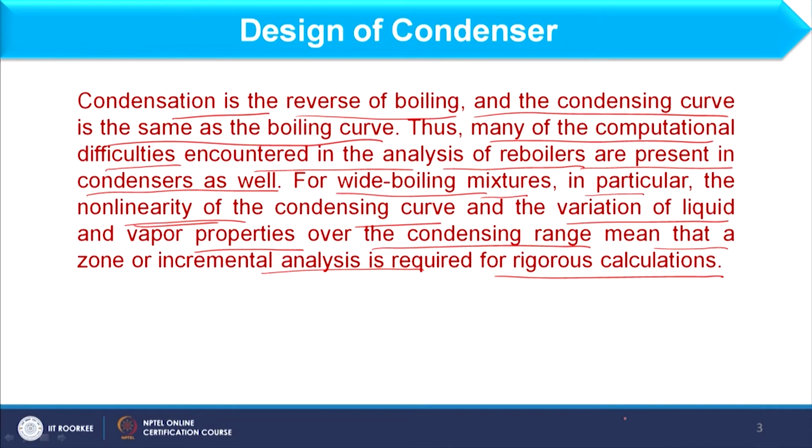So, you see here we have considered the reboiler and condenser just opposite to each other, and what difficulty we can obtain, because it is not an easy phenomenon and some rigorous calculation is required. Okay. Why do we require design of the condenser? Because its use in chemical industry is extensive, which we have already discussed. Okay.